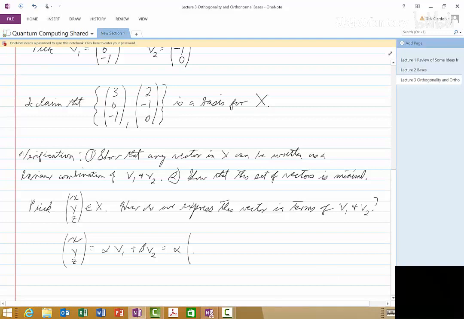So alpha times v1, well, v1 is (3, 0, -1), and v2 is (2, -1, 0). And therefore, we have 3 alpha plus 2 beta for the first component, minus beta for the second component, and minus alpha for the third component.